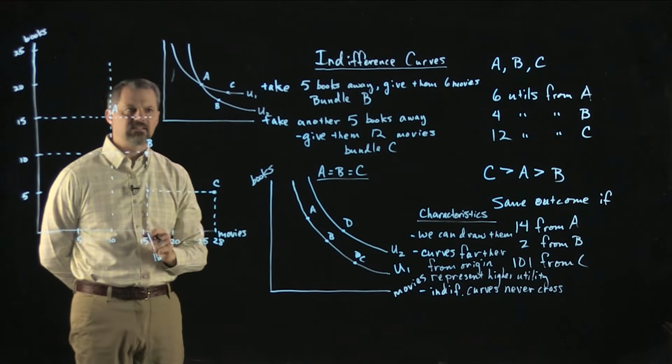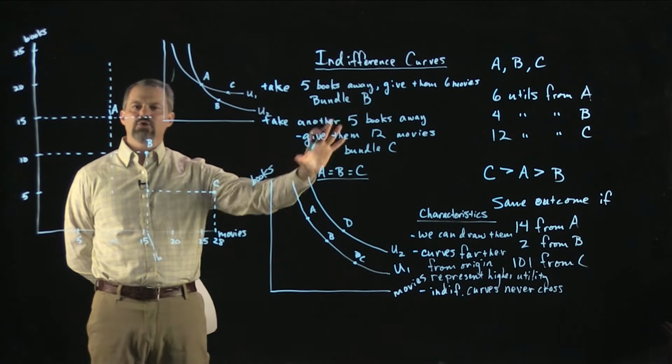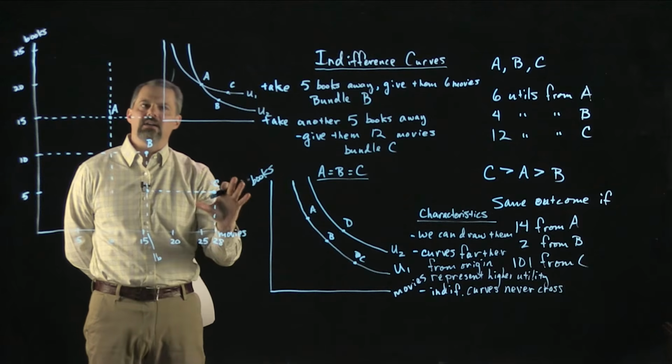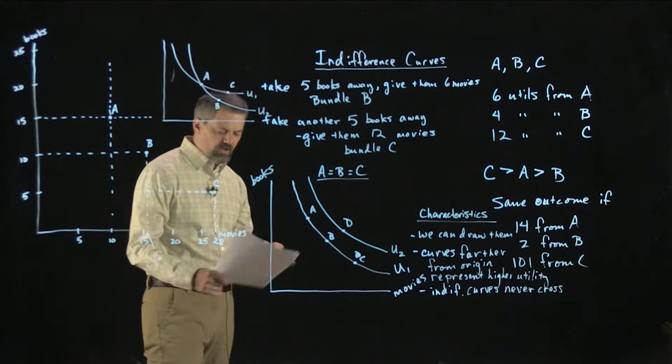More is better than less. So indifference curves can't cross, and once I show you intuitively what's going on here in a second, I think it will be even more clear why indifference curves can't cross each other.